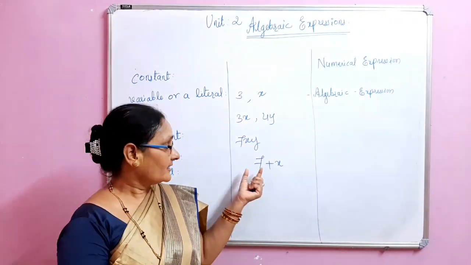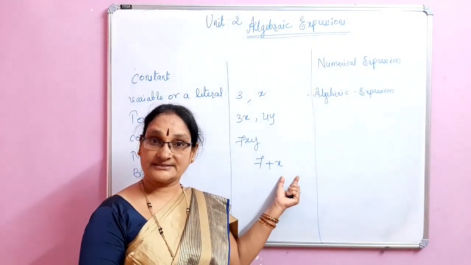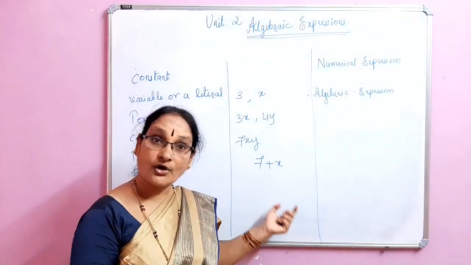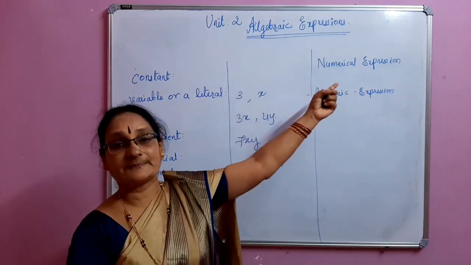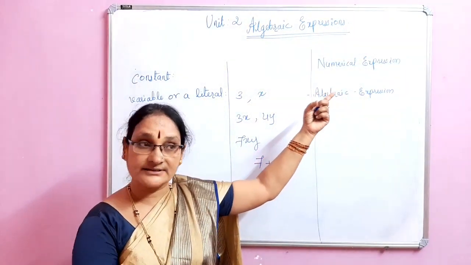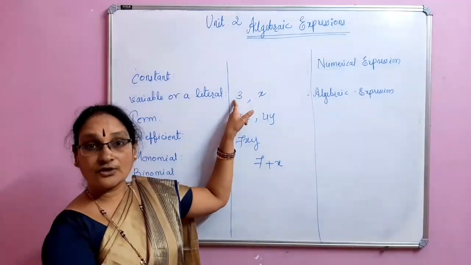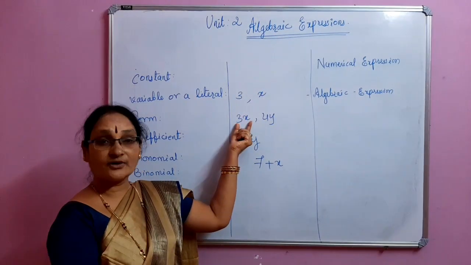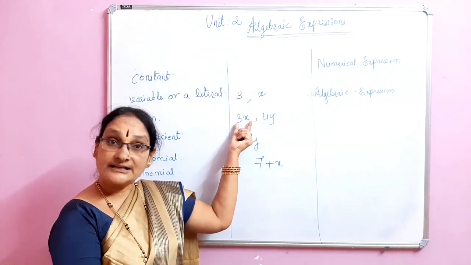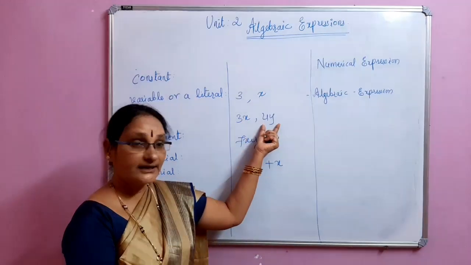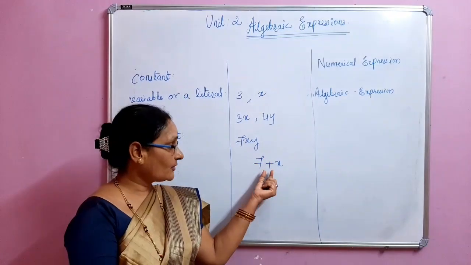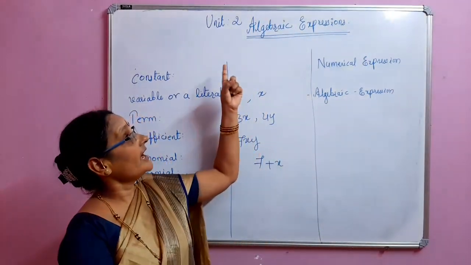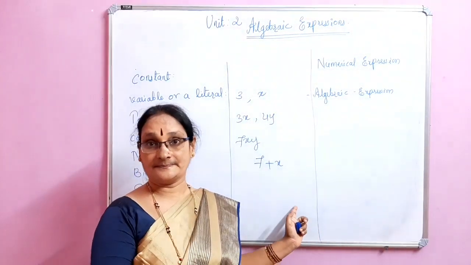The combination of constants and terms is called an algebraic expression. Very, very important. Please try to understand. See, this is a constant, this is also a term, this is also a term. Here the combination of constant and variable is also a term. This is also a term. Here the combination of variable and constant is called an algebraic expression.